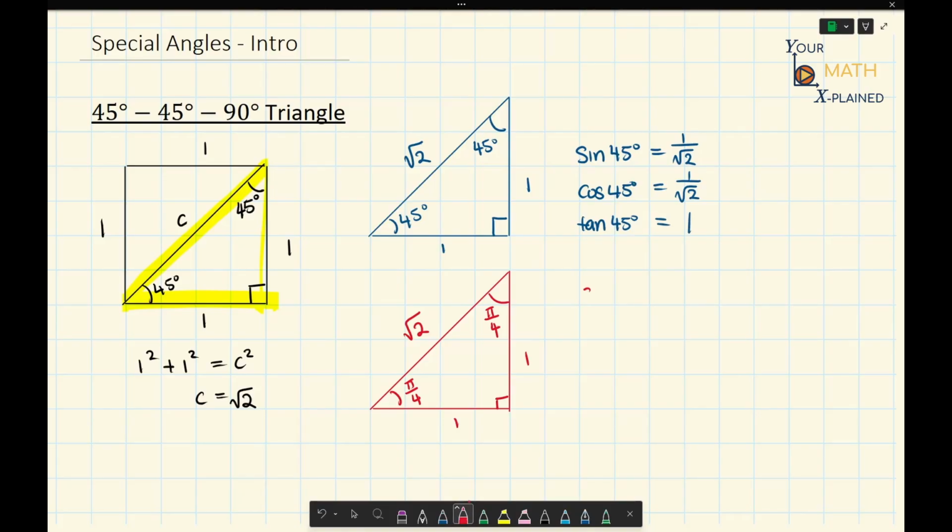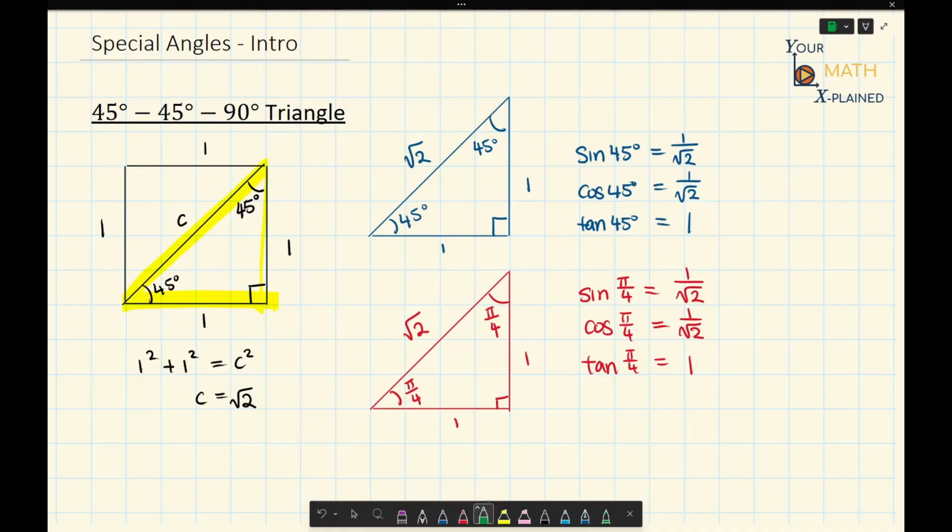And in radians, that's going to be sine of pi over 4 is equal to 1 over root 2. And cosine of pi over 4 is also 1 over root 2. And then our tangent of pi over 4 is going to equal 1.